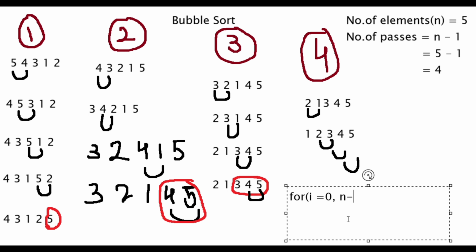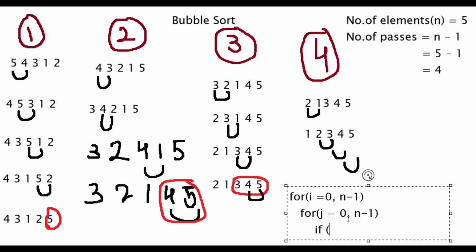How many passes? N minus 1 passes. And the inner loop will also be there, right? This will also be the same. It will start from 0 and end at n minus 1, just a brief explanation I am giving.